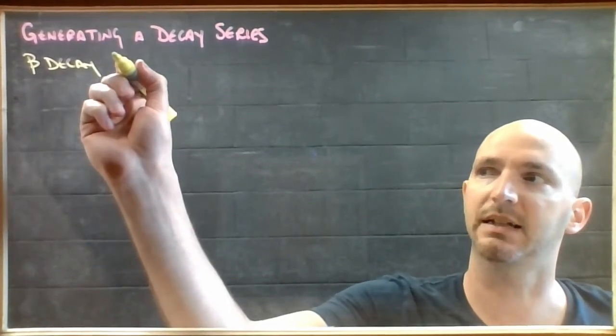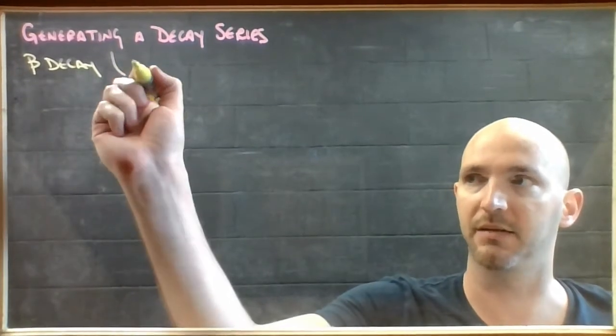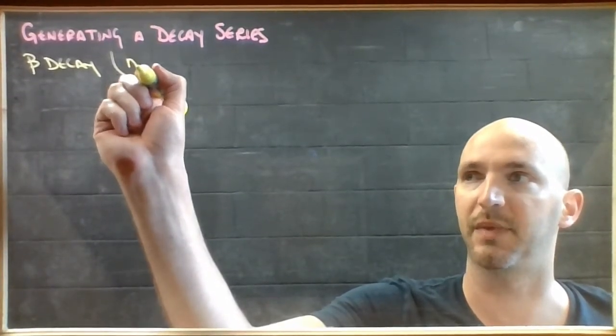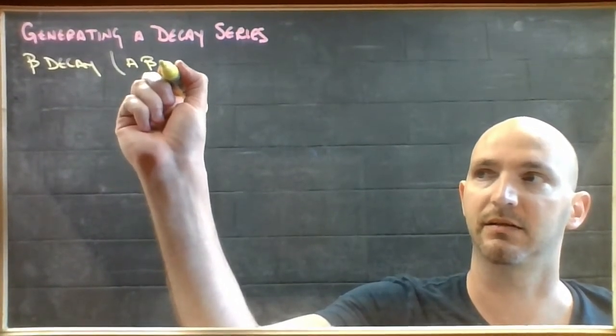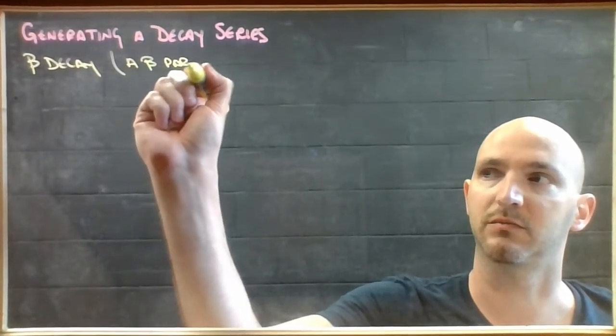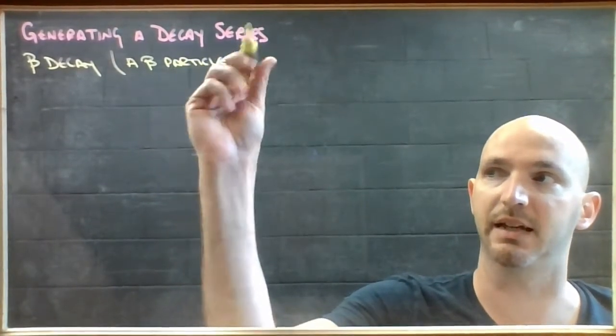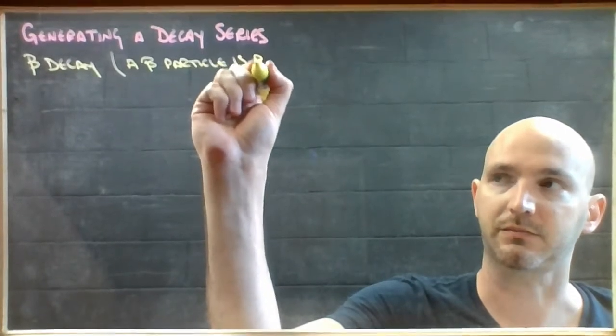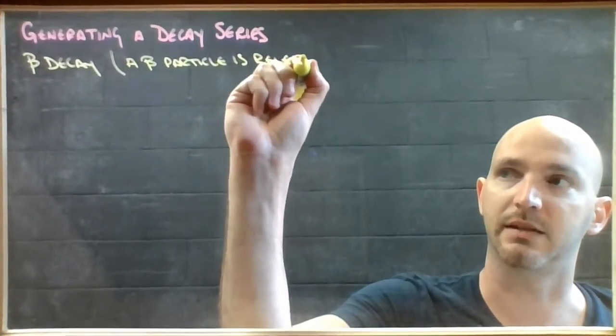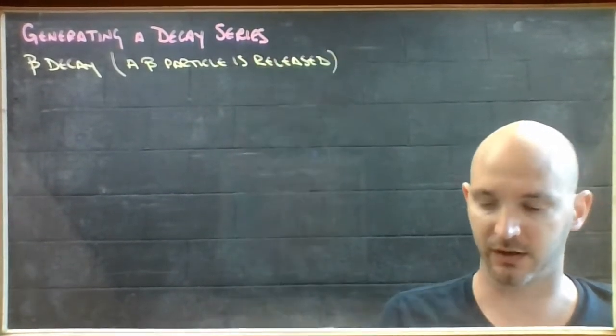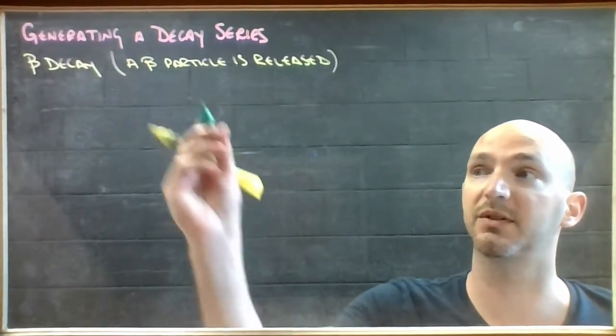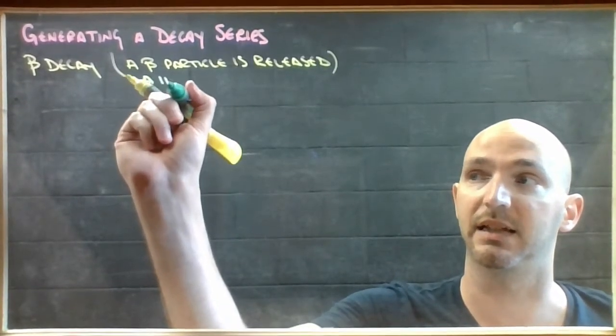Beta decay is called beta decay because a beta particle is released as a result of the decay. And that beta particle, after a bit of research, was determined to be just a high-speed electron.